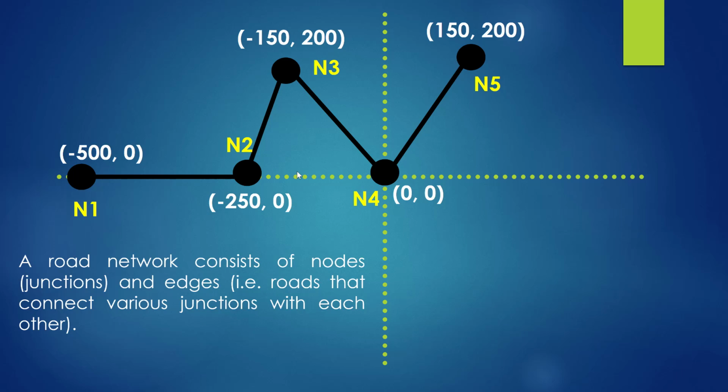The edges are the roads that connect the nodes. The nodes are also called the junctions. Each node has a coordinate X and Y, and we are going to use those coordinates in order to build our nodes.